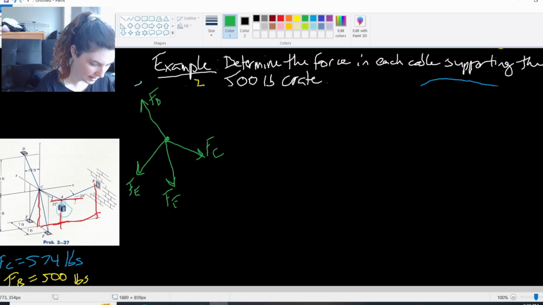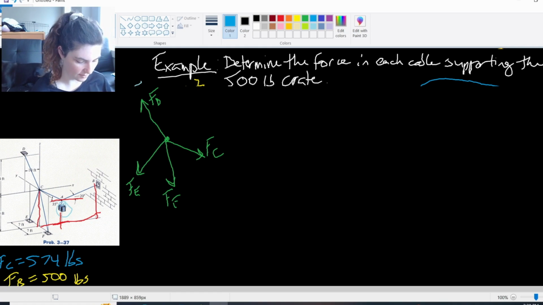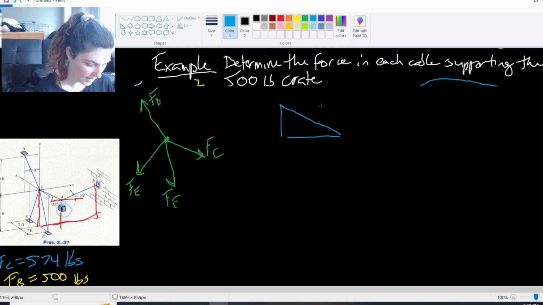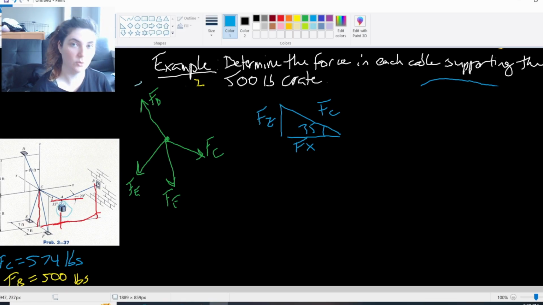So I'm going to do FC. I've already got it in blue here, right? FC is 574 pounds, which means that I can actually find the value of each of the components of FC, right? So we said FC is entirely in the X and Z directions, right? My FC triangle is set up like this, where this is the FCX component and this is the FCZ component with no Y components in it, right?